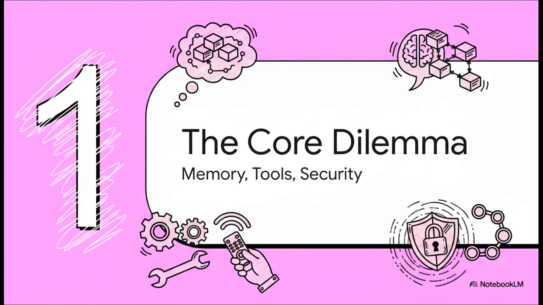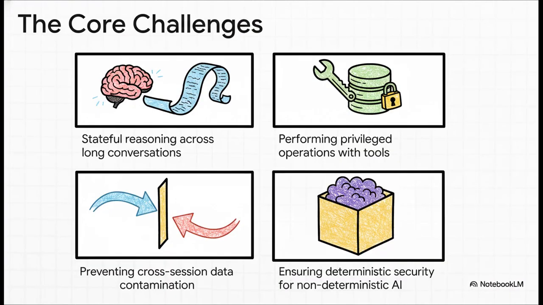And the problem is actually bigger than just keeping chats separate. When you're building a really solid AI agent, you're basically juggling three major things all at once: what the agent remembers, what it's actually allowed to do, and how you keep every single conversation totally locked down and secure. So let's really break this down. First off, agents need what's called stateful reasoning. Basically, they have to remember the whole history of a conversation to be any good.